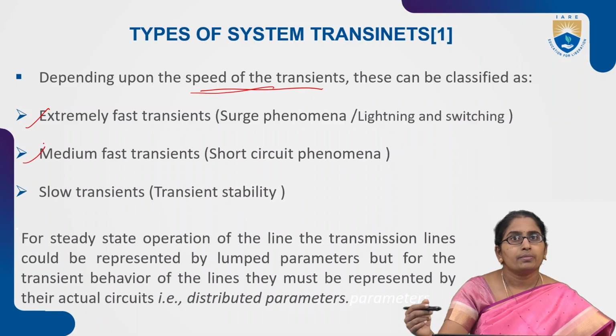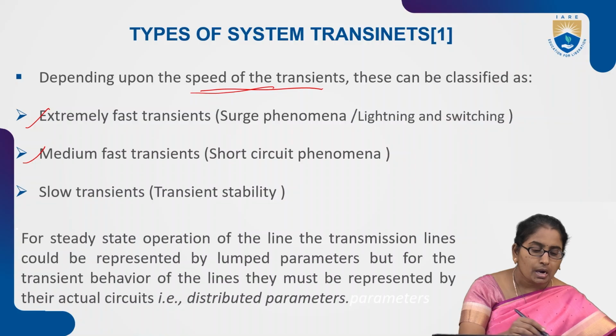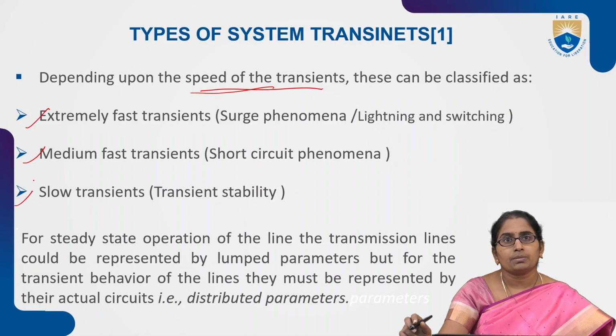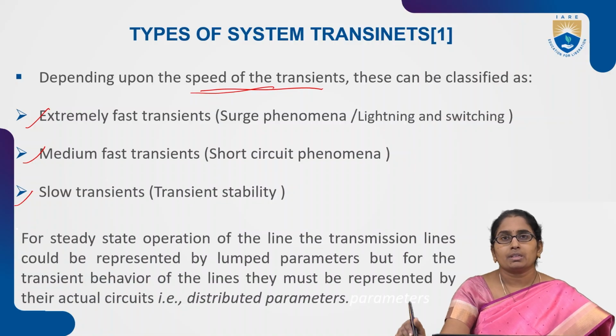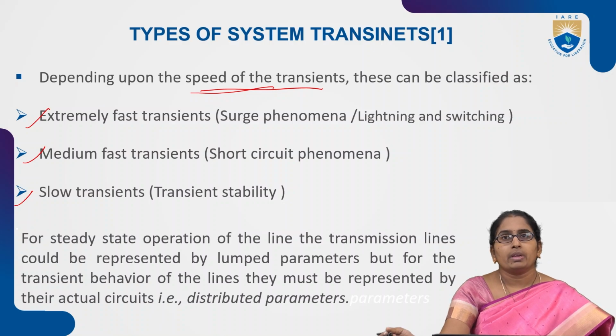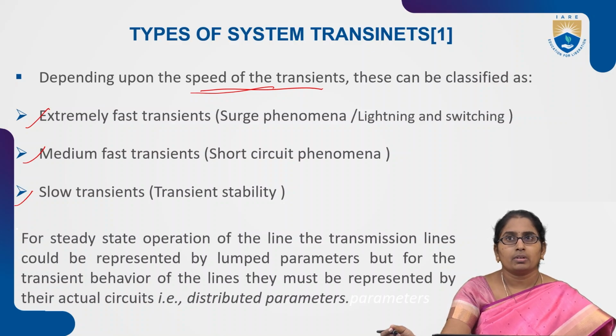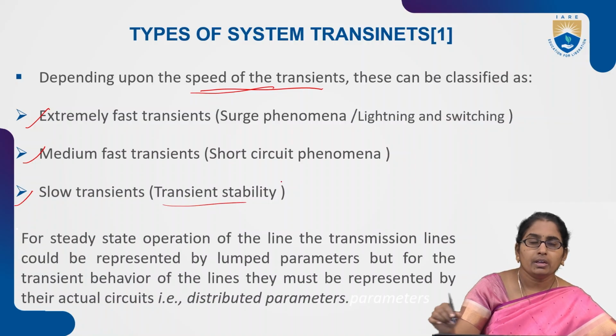Next, medium fast transients, which generally occur due to short circuit phenomena. And third, slow transients, which are mainly transient stability, that is minor, small variations, maybe on and off, short disturbances.